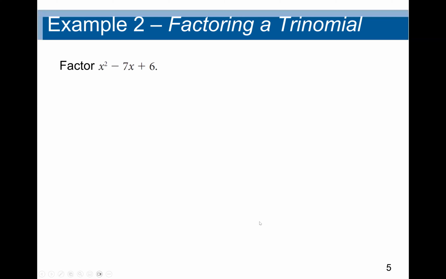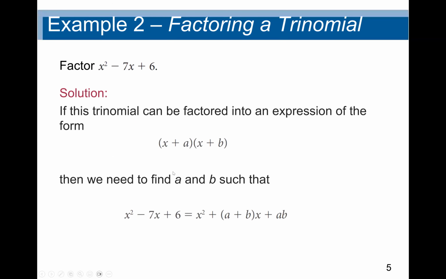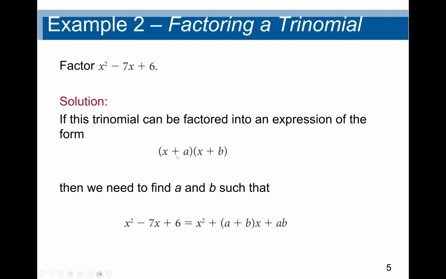So let's see this example: x squared minus 7x plus 6. We have, again, x plus a, x plus b. So we are looking for the values of a and b. In this case, it will be minus 6 and minus 1, because minus 6 times minus 1 will give me plus 6, and minus 6 plus minus 1 will give me minus 7.